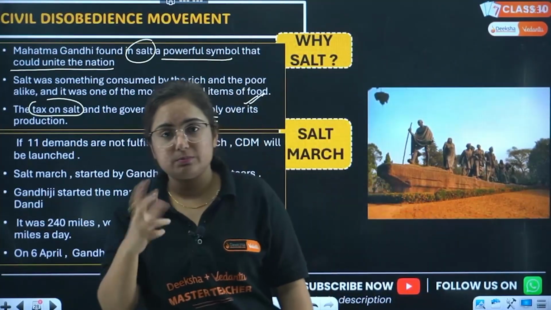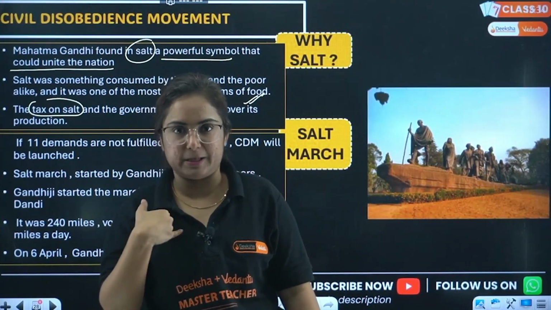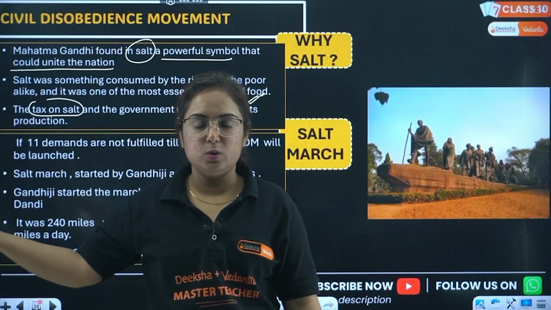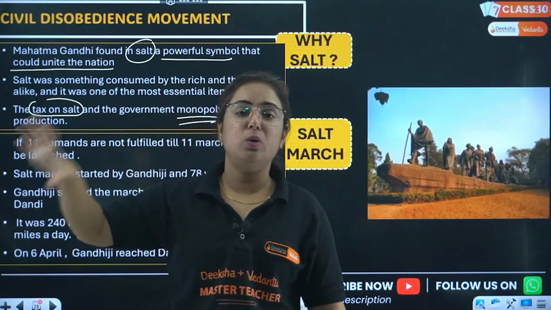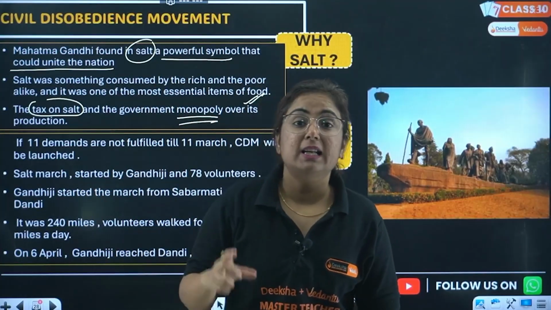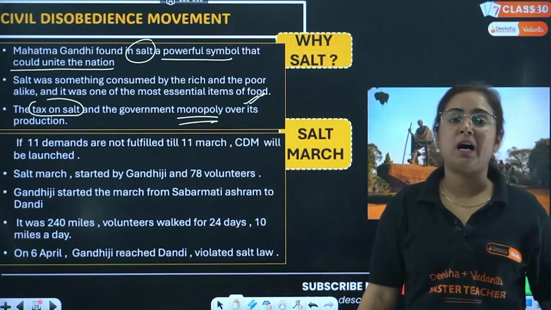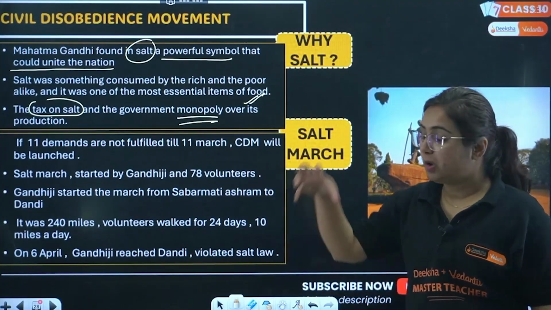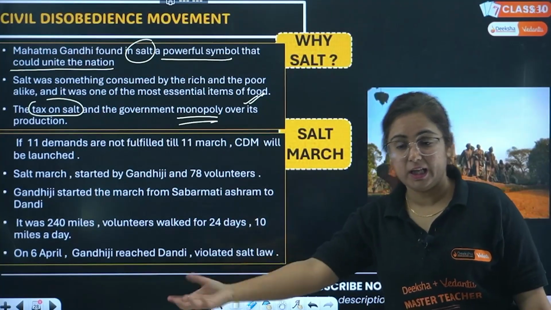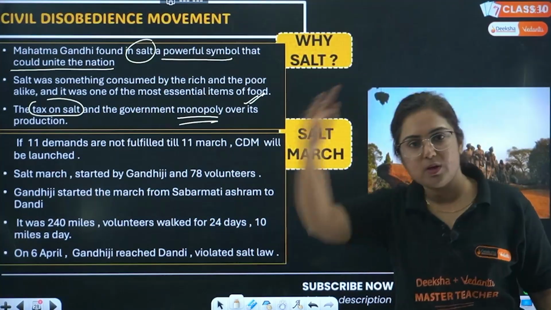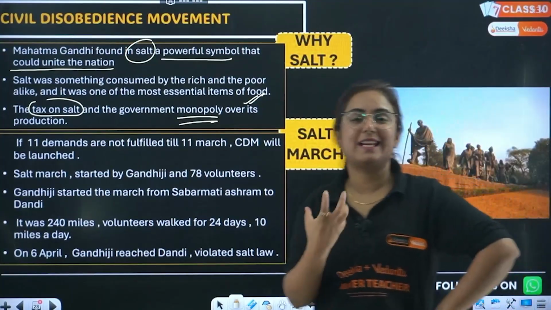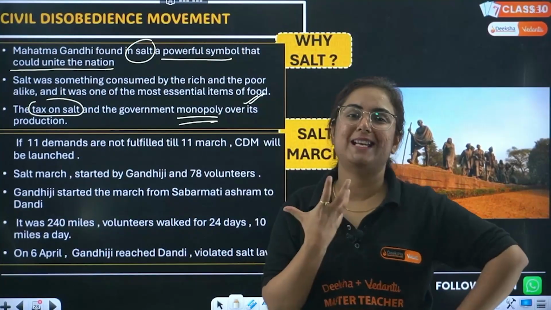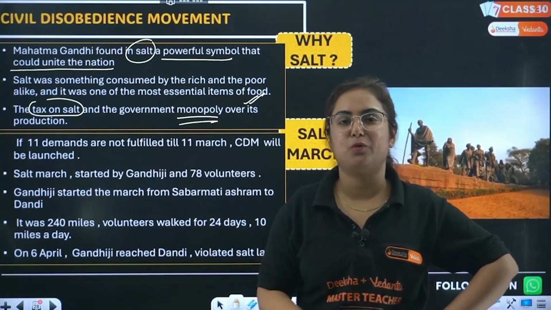You are making salt from Indian territory, right? From the sea water, ocean water, and taking the monopoly, no Indian company or Indian person can make salt, and that was the inhuman part of it. So you are making the salt, you are applying the tax, and who is consuming it? Every Indian. Hence salt was taken as a powerful symbol of resistance during this movement.